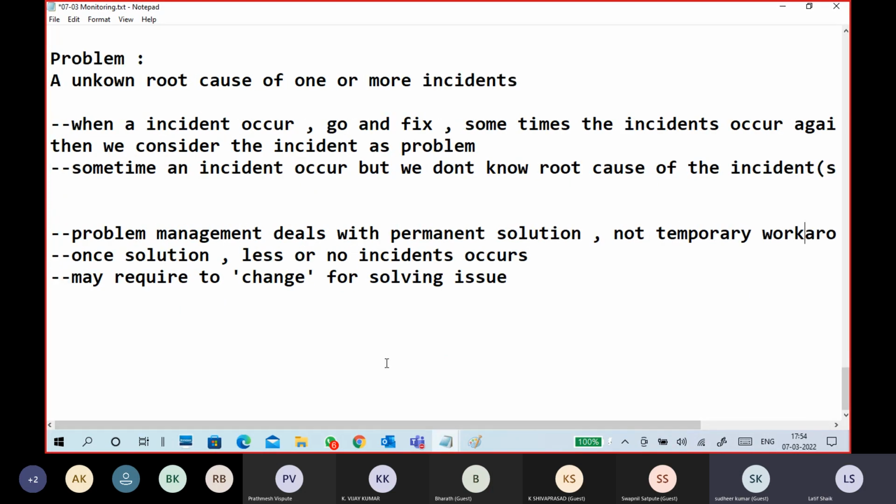Because of the permanent solution, the incident won't occur again and again. The number of incidents reduces.